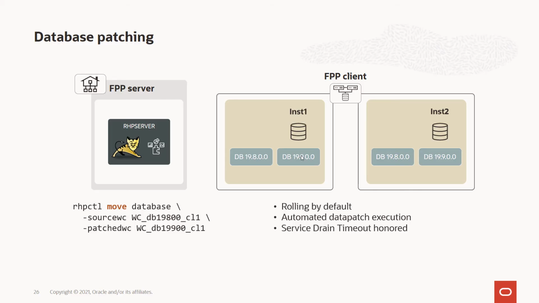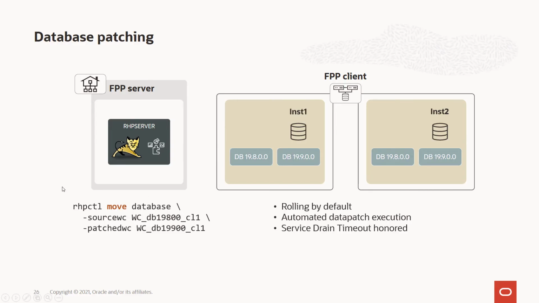It will drain the service gracefully, move the instances, and when all the instances are moved to the new patched working copy, it will run datapatch automatically for us. Okay, so again, no customer action before or after patching. Everything is done by FPP.